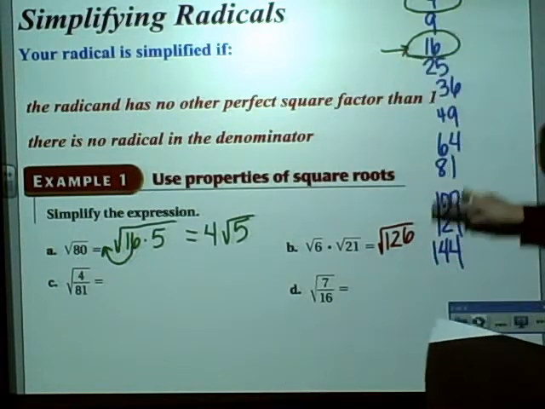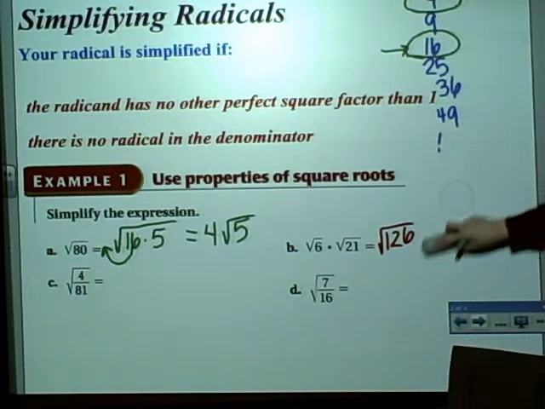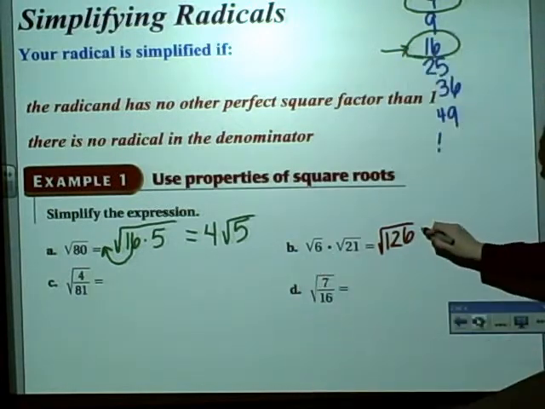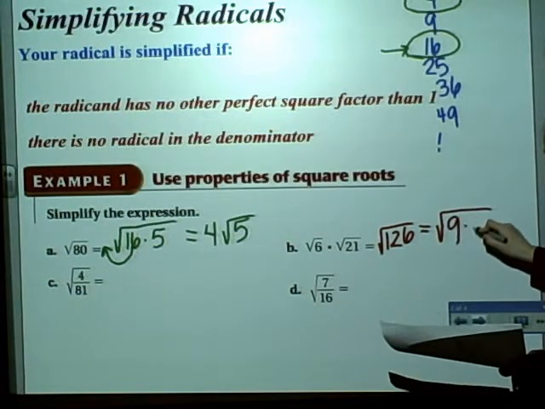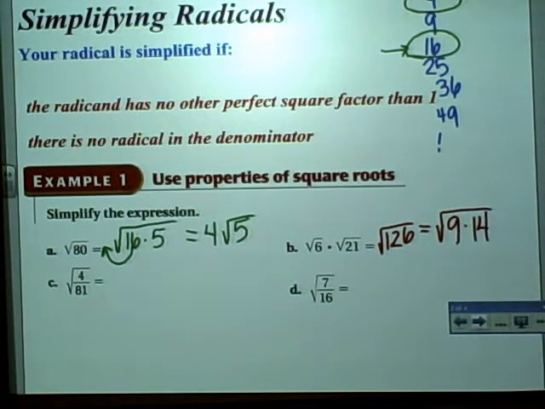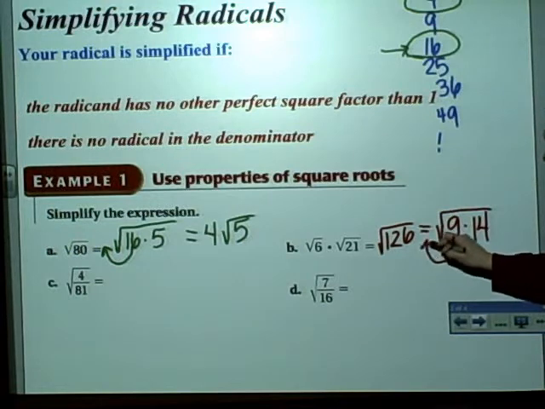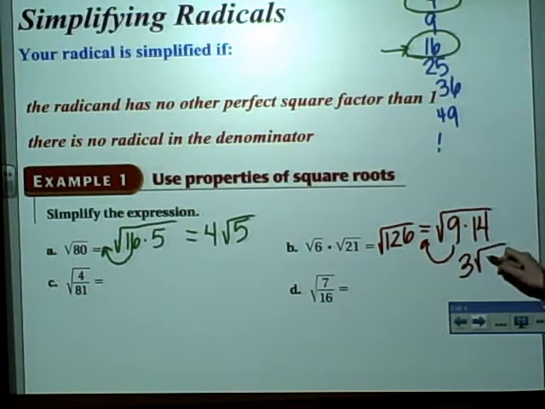When I do that, I figure out that I can rewrite radical 126 as radical 9 times 14. 9 is the biggest perfect square that will go into 126. I'm going to take the square root of the 9 and pull it out. So that tells me I can rewrite this one into 3 radical 14.